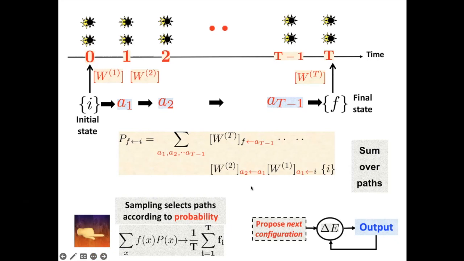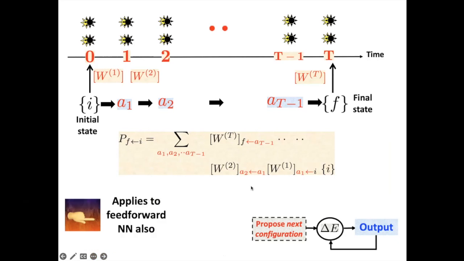So now, this concept applies even to feed-forward neural networks. I introduced this Boltzmann machine where all these p-bits were coupled together, but you could also think of feed-forward neural networks in much the same way, where you have these W matrices and you're basically summing over paths.